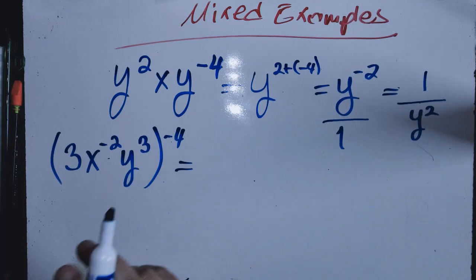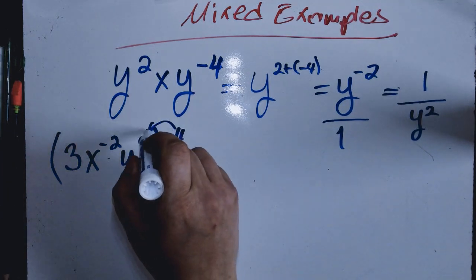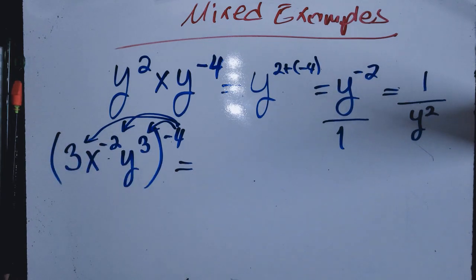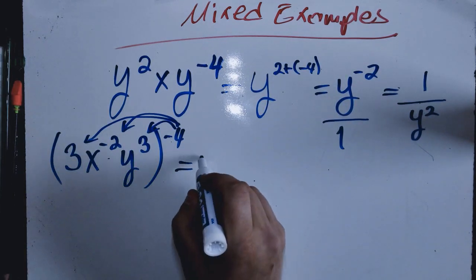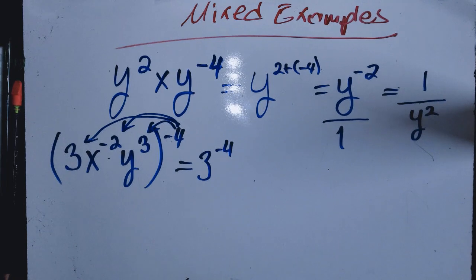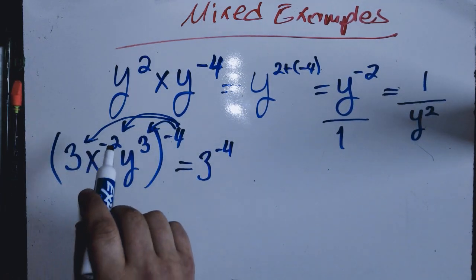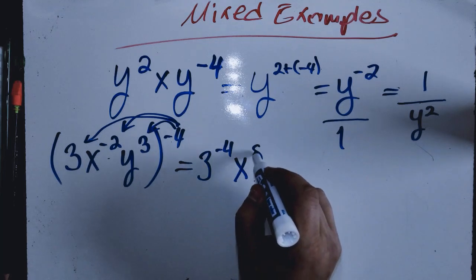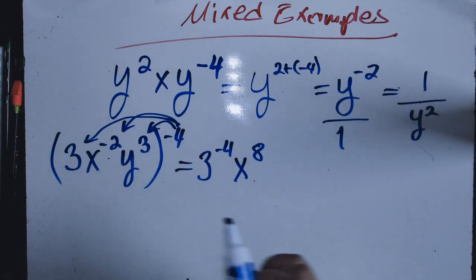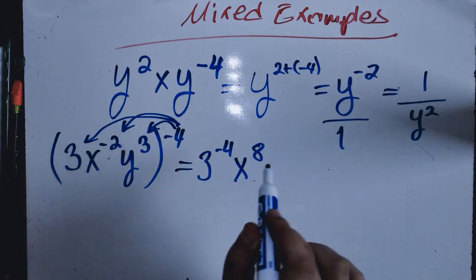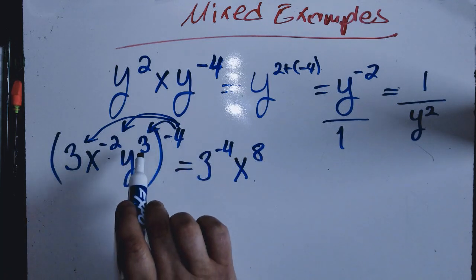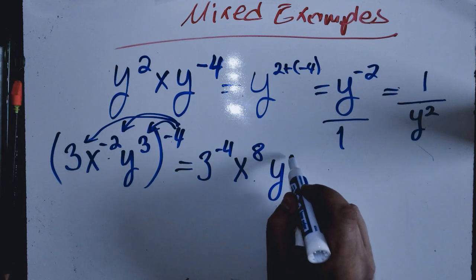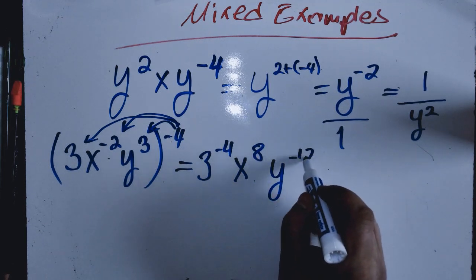So the first thing to simplify is to distribute this exponent to all terms in your parentheses. 3 to the negative 4 power. x to the negative 2 times negative 4 is going to give me x to the positive 8 power. Negative 2 times negative 4 is a positive. And y to the third to the negative 4 power will give me y to the negative 12.